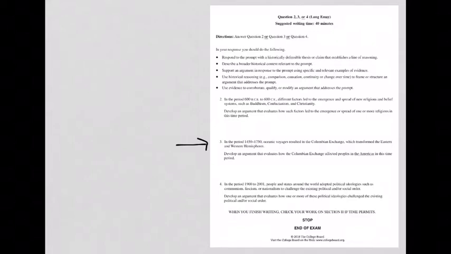Now, what we have to do in this one is we have to think to ourselves, which of these historical thinking or reasoning skills is that actually talking about? Now, ask yourself, pause the video, do whatever you want, but what is that one actually asking us? Develop an argument that evaluates how the Columbian Exchange affected peoples in the Americas in this time period.